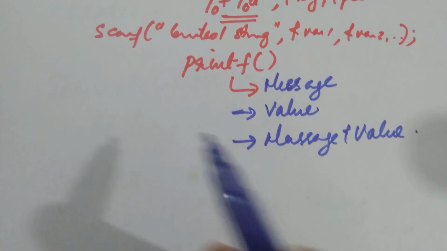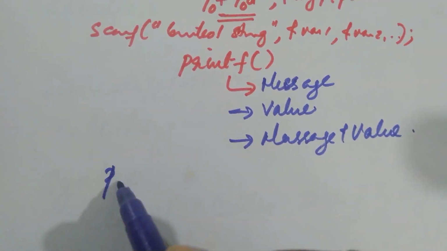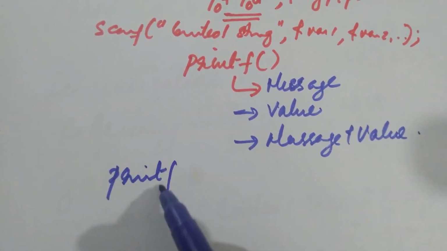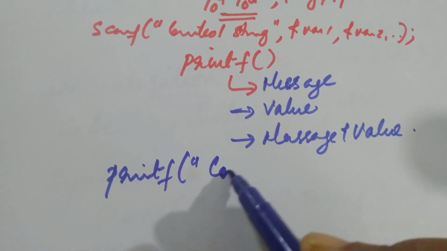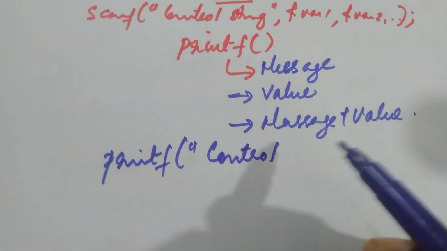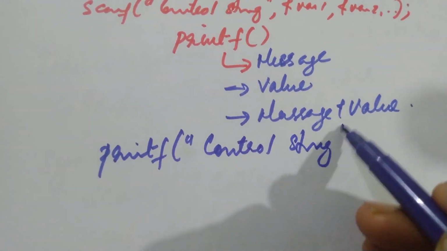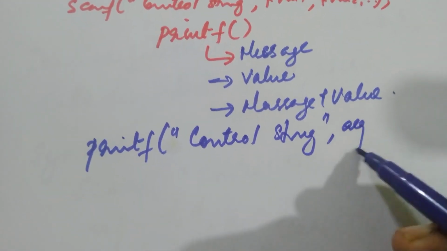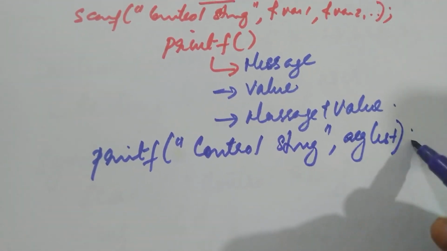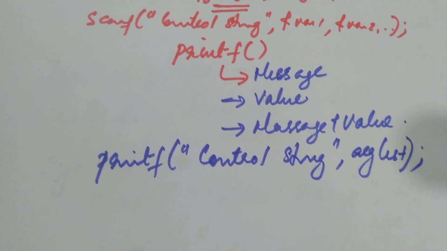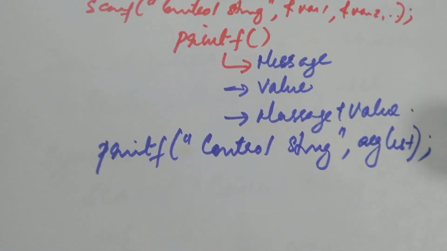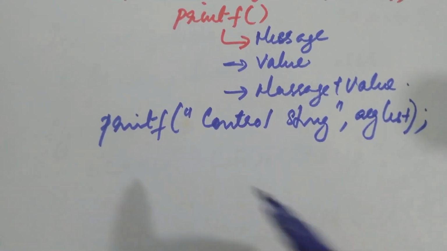What is the syntax of the printf statement? It is the same as the scanf statement, that is printf, control string, argument list. But here the control string is a bit different from the control string of the scanf statement.